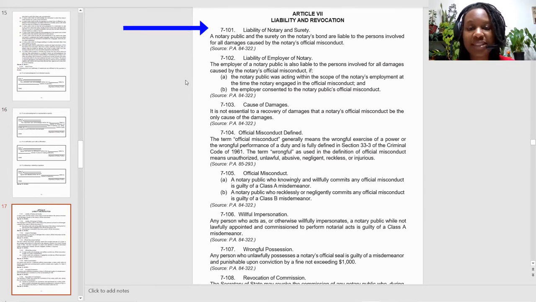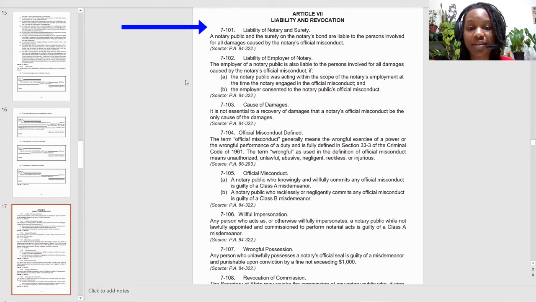Wow. So this tells you what your surety bond, your EO insurance covers. What does it cover? Your errors and omissions insurance.